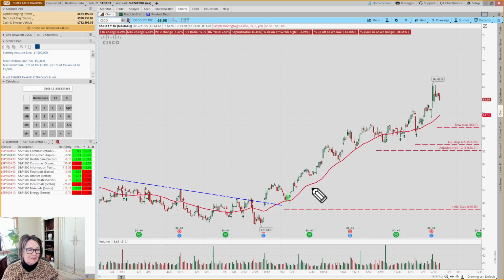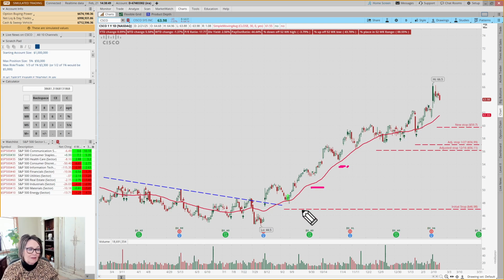Maybe we could have adjusted the stop to about here, and that would have been totally legit. Then it continued up and came back, and it didn't close below the 30-day moving average, but it came, as I like to say, within kissing distance. So maybe we moved our stop up again then.